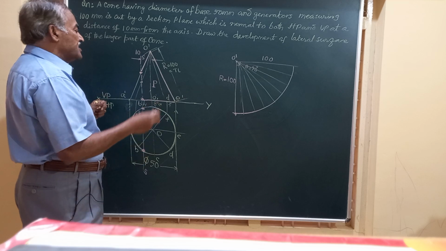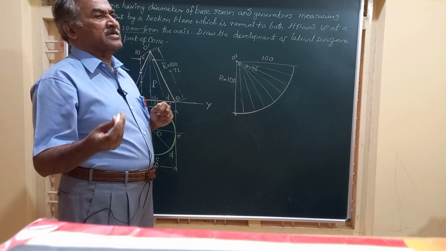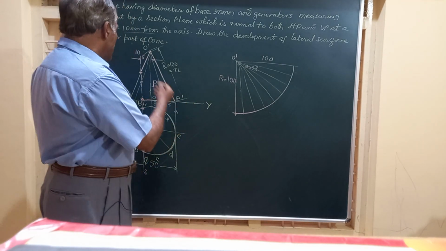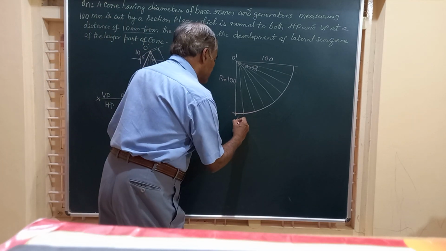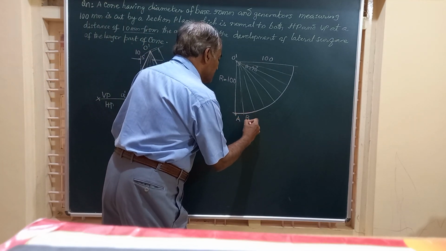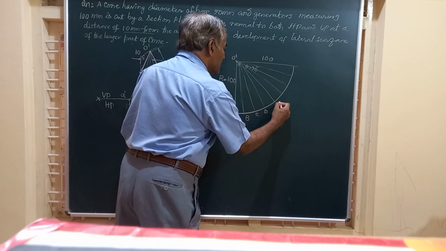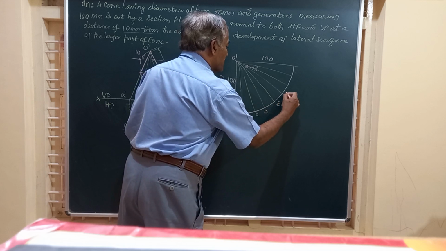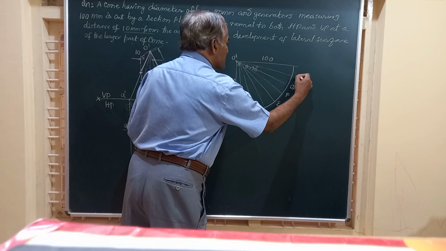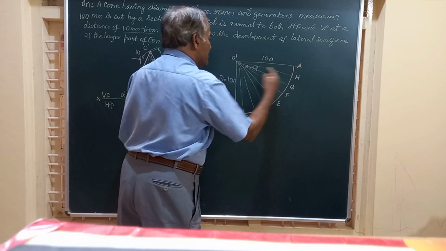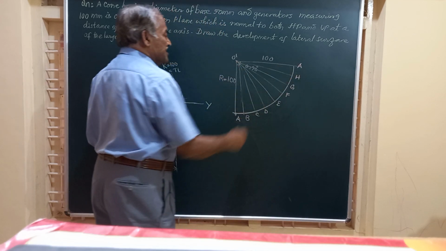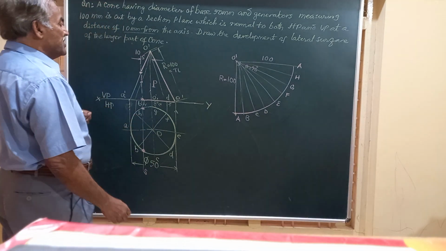So you can start the development from any point of your choice. So let me say I am starting from A. This is B, C, D, E, F, G, H, and A again. The starting and ending generator should have the same numbering.